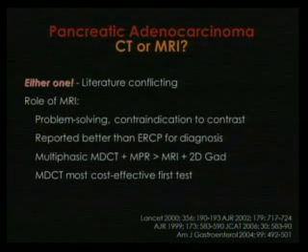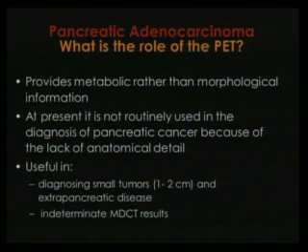Still, MDCT is the most effective imaging modality for diagnosis. The role of PET is giving us metabolic rather than morphologic information. At present, it's not routinely used in the diagnosis of pancreatic cancer because of lack of anatomic detail. It can be used in identifying extrapancreatic disease.